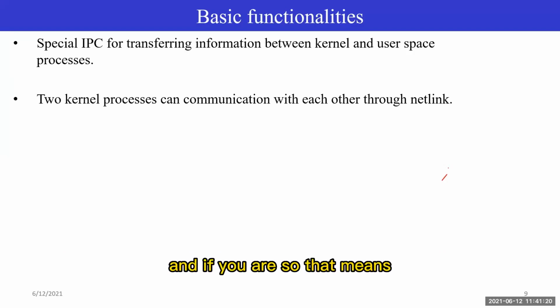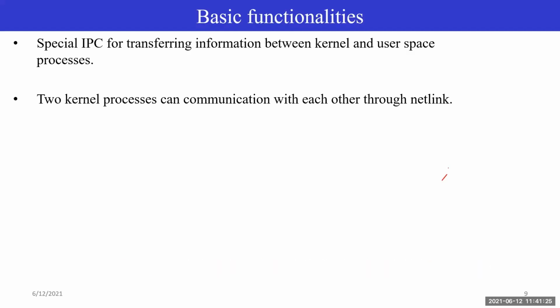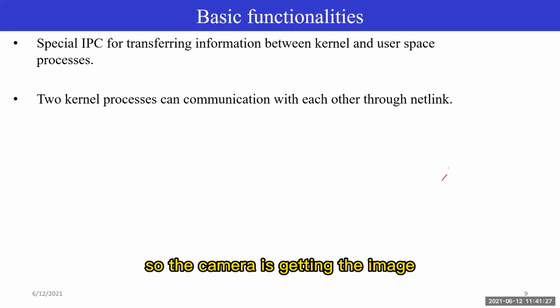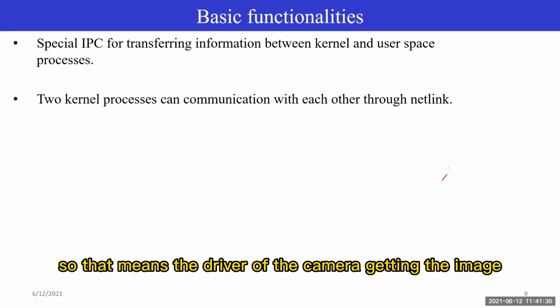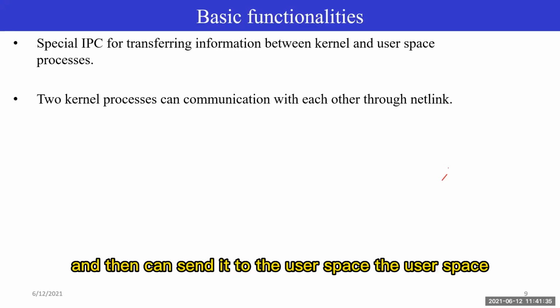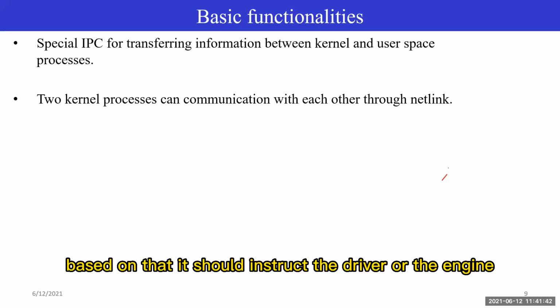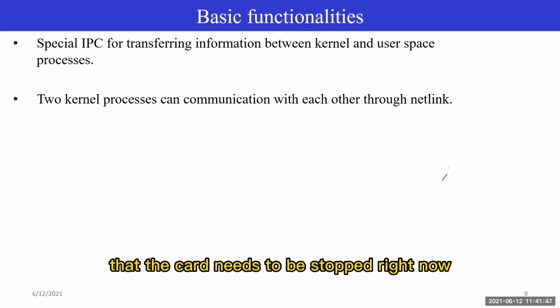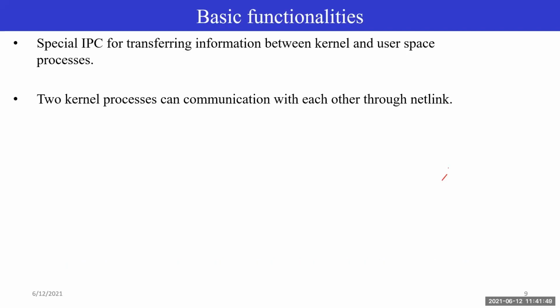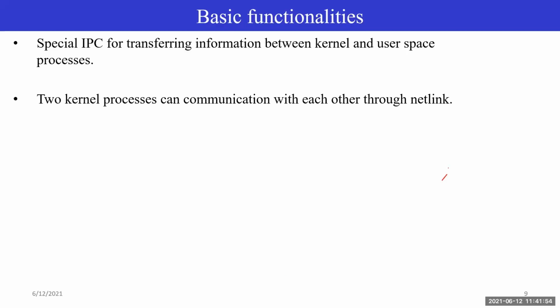Exactly. The camera gets the image, so the camera driver, which runs in the kernel space, sends it to the user space. The user space has to process the image, and based on that, it should instruct the driver or the engine ECU that the car needs to be stopped right now. If there is a delay of 1 second, it's boom, right?